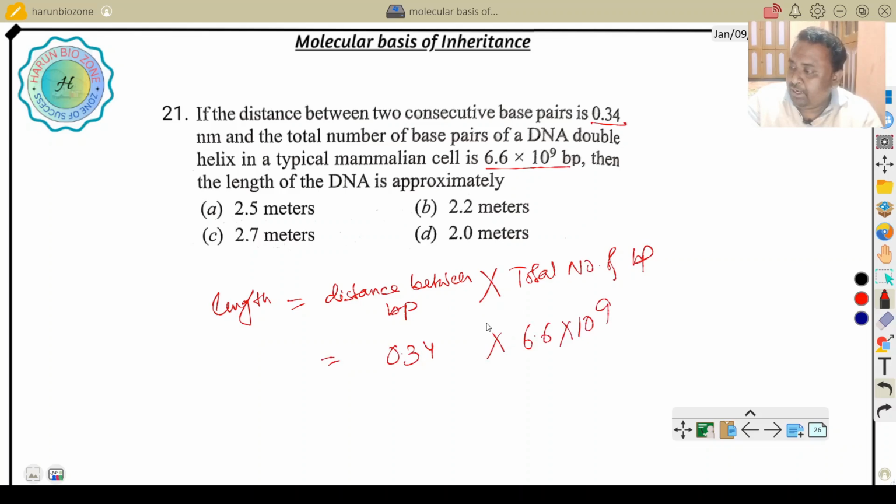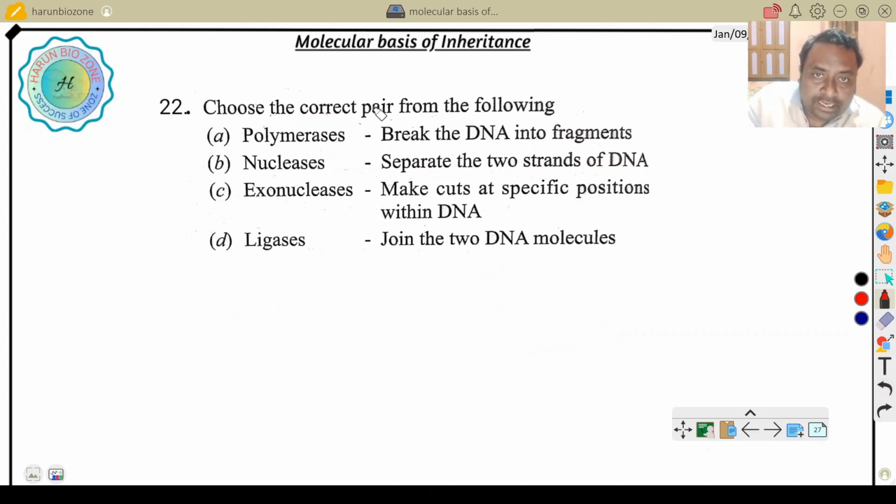If you calculate it, the option is B, 2.2 meters.